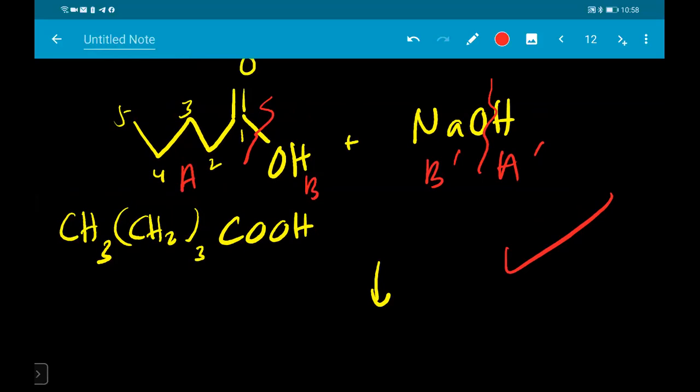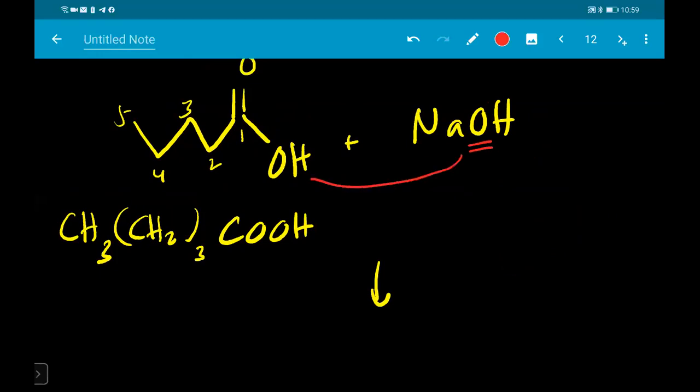However, for this reaction, although you can use the same approach, tapi you should understand that this is not exactly a nucleophilic substitution reaction because the process is quite different. Yang berlaku adalah OH akan bergabung dengan H, and A which becomes plus will combine with the O which is a negative.